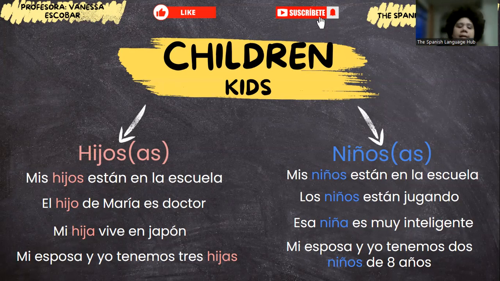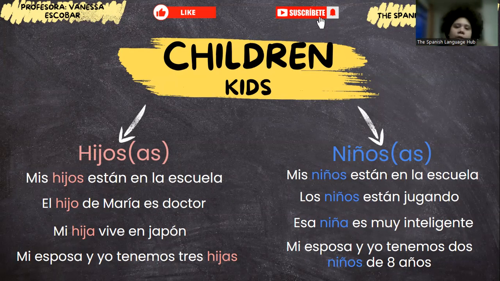And here when you say mi esposa y yo tenemos 3 hijas, okay, now you know that you have 3 daughters, but it doesn't really say the age. It doesn't say if they are adults, if they are small kids, if they are teenagers. We don't know. We just say hijas.